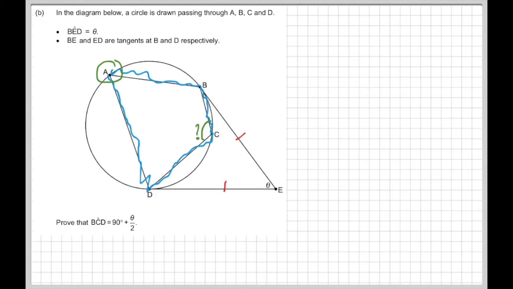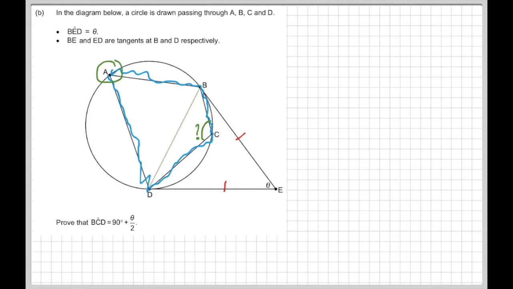So let's quickly have a look now at the scenario. I am sitting with a tough one here, because I don't have any more information. How am I going to relate angle C to angle E where theta is? Now, please don't freak out like I was freaking out there. What if I can construct BD?